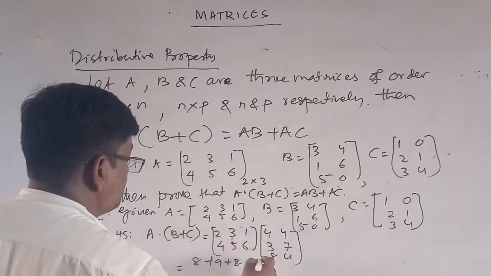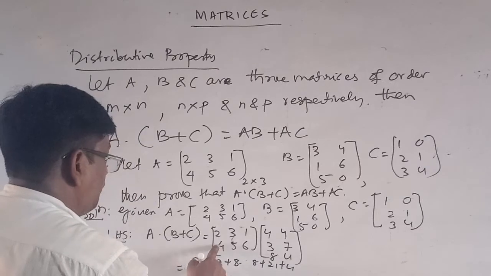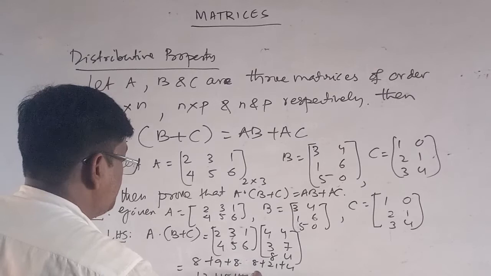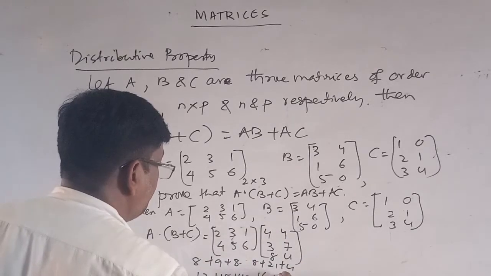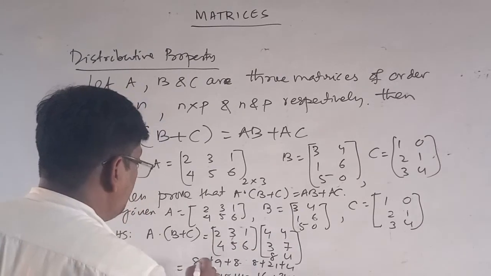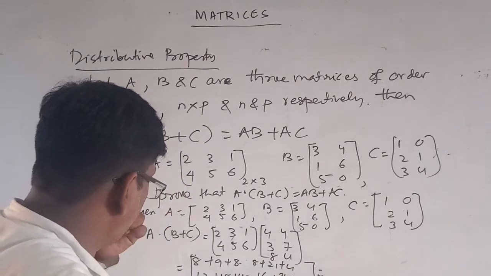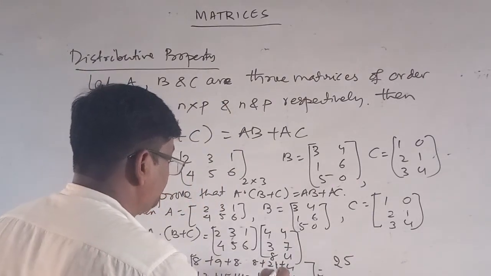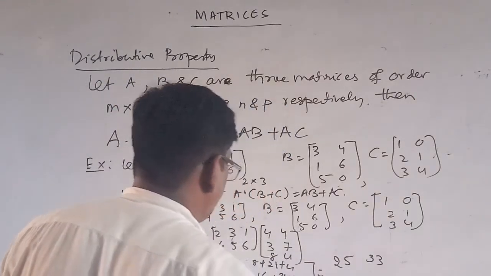This is 8 plus 21 plus 4. 12 plus 15 plus 48. 16 plus 35, 24. Add this. 16 plus 9, 25. 25 plus 8, 33.